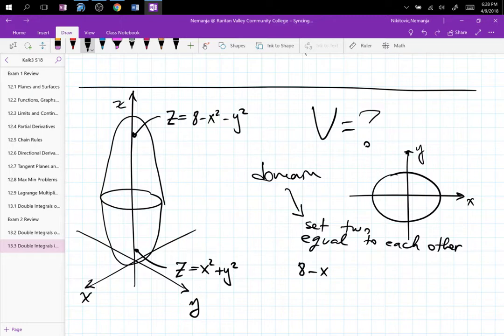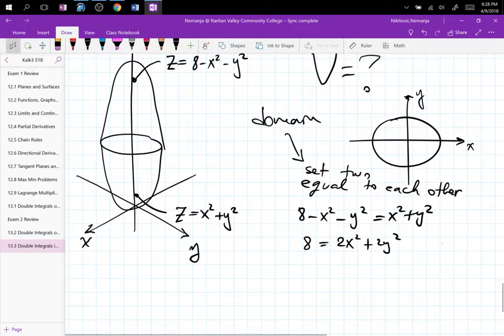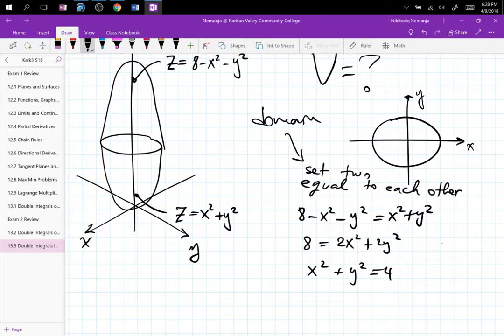So 8 minus x squared minus y squared is equal to x squared plus y squared. This together will give you the circle. Move x squared and y squared, we get 8 equals 2x squared plus 2y squared. Factor out 2, cancel by 8, we get a 4, and yay, x squared plus y squared equals 4. So that's what the circle is.